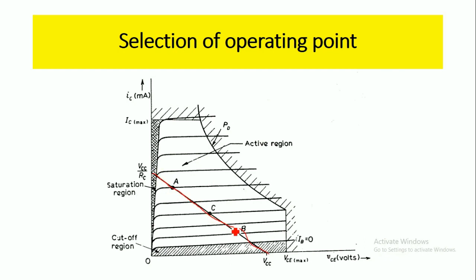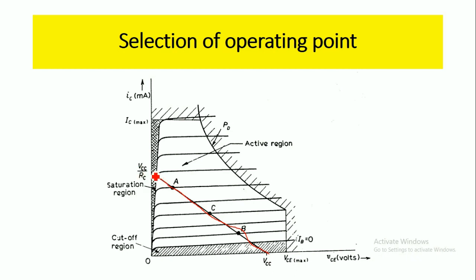Here, this is the DC load line. On this DC load line, when IC equals 0, we get VCE as the maximum, equal to the supply voltage VCC. When VCE equals 0, we get the collector current IC equal to VCC by RC.